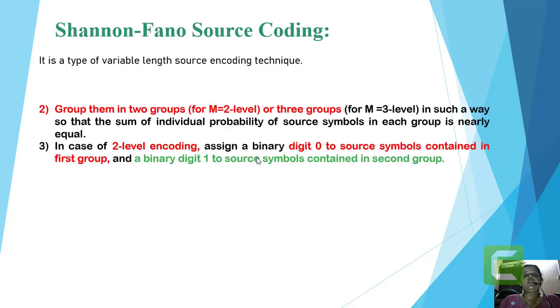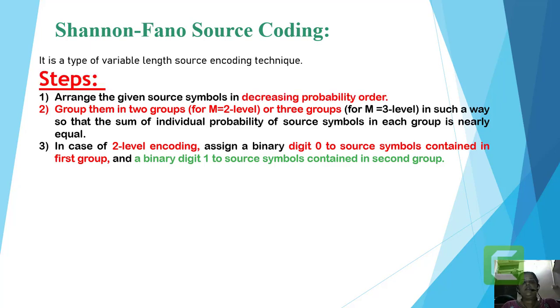Now we will start with the first type, the Shannon-Fano source coding technique. This source coding technique provides variable length source encoding. Let's go through the steps involved in this source coding technique. As a first step, we have to arrange the source symbols in decreasing order of probability.